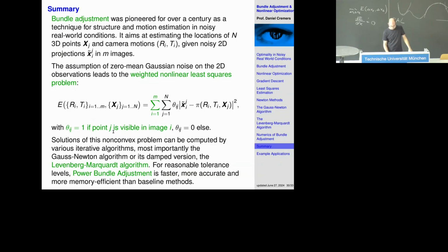And then there are iterative solvers like Gauss-Newton, Levenberg-Marquardt, but in the end you have to solve, you can deploy the Schur complement trick, then you have the reduced camera system, the problem in your camera pose update, and for that we advocate this technique called power bundle adjustment that is faster, more accurate, and more memory efficient than existing solvers.